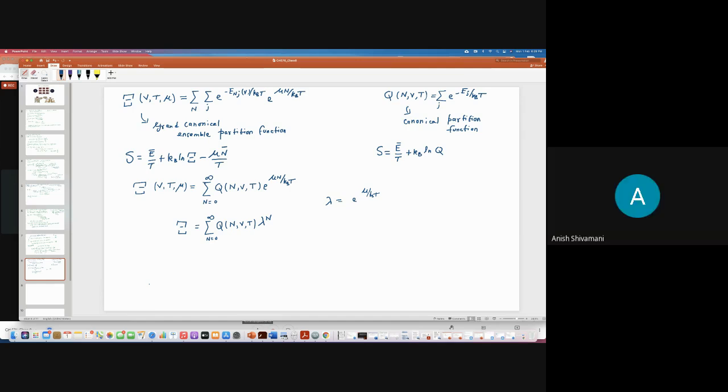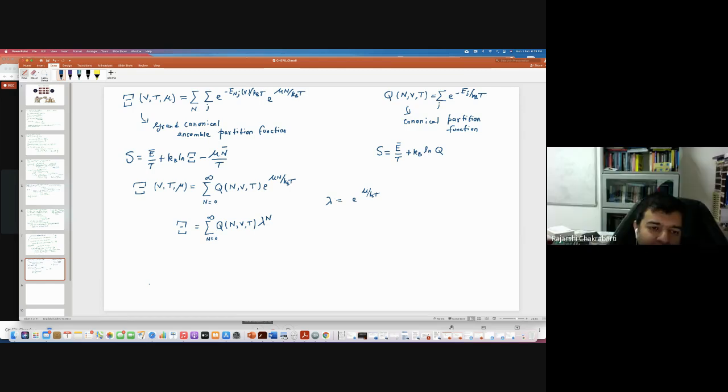I just rearranged the entropy equation and multiplied it by minus k_B T. So if you rearrange this, you will see that TS becomes E bar plus k_B T ln Xi minus mu N bar. Okay, this is how it is.